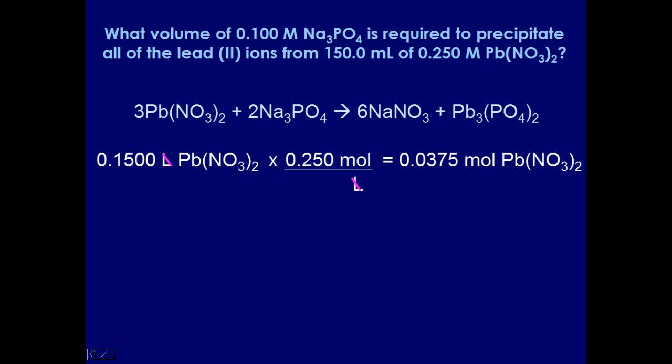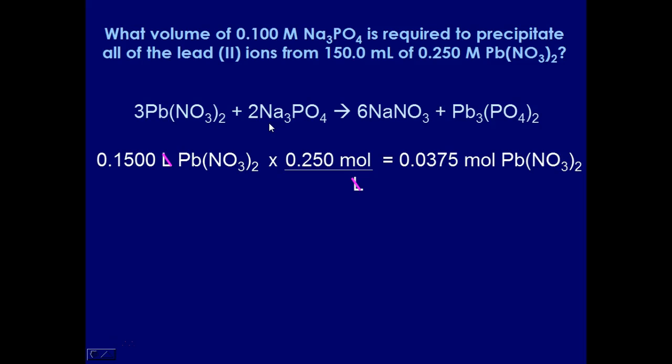And I know that all of that was consumed, and that because there's a 1-to-1 ratio with lead and lead-2 nitrate, that's how many moles of the lead ions were used up. I also know what the relationship is between lead-2 nitrate and sodium phosphate according to my balanced equation, that I need 3 moles of lead-2 nitrate to use up 2 moles of sodium phosphate.